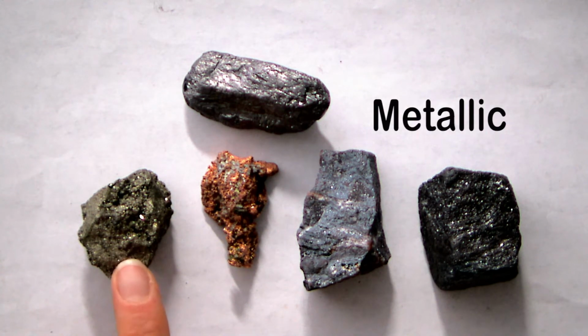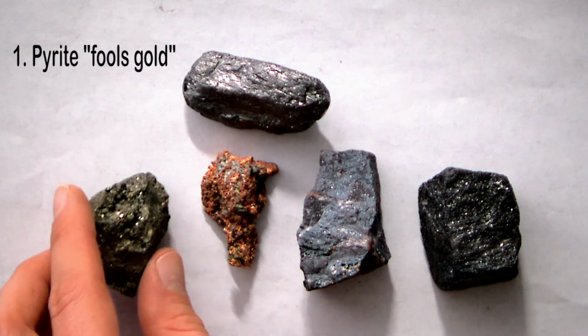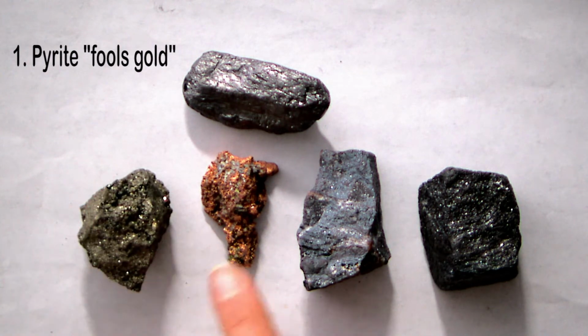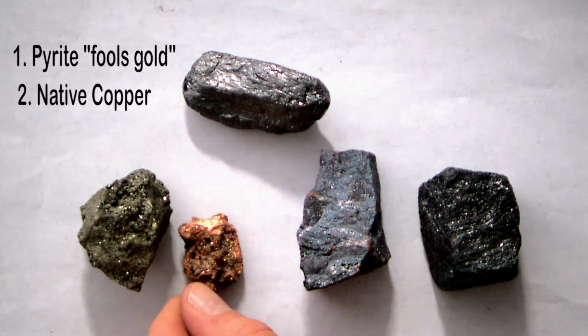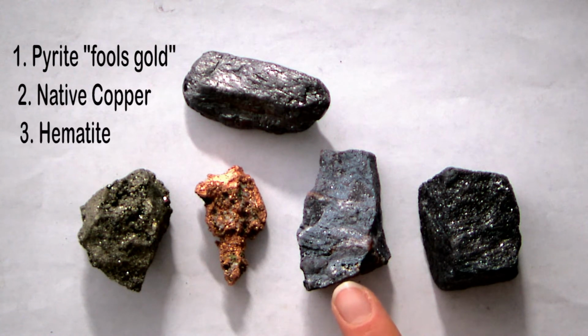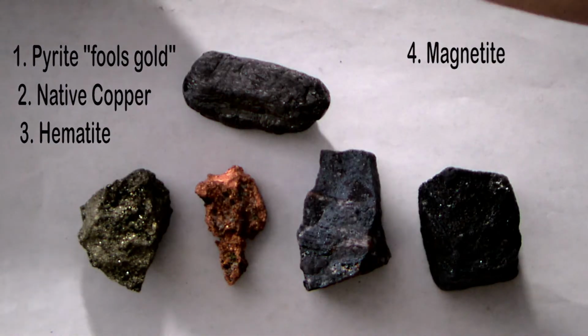If you thought this is an example of gold, I have fooled you. This is fool's gold, also known as pyrite. This here is a sample of native copper. This is an example of hematite, and this is an example of magnetite.